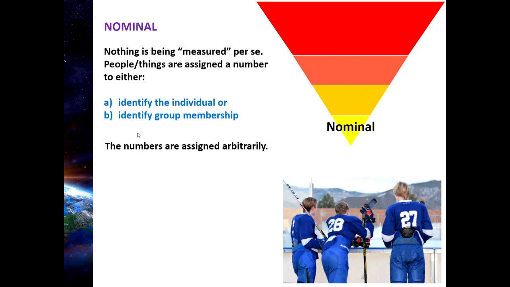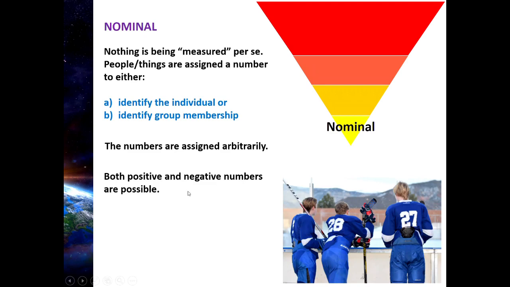It's entirely up to the researcher in a case like that what they want to do for assigning numbers. When we're talking about numbers on jerseys, I'm sure every player has their favorite number, and they might choose that number, so it's not arbitrary in their head, but from our perspective, it's arbitrary. I don't care what number you are, I just want you to have a unique number.